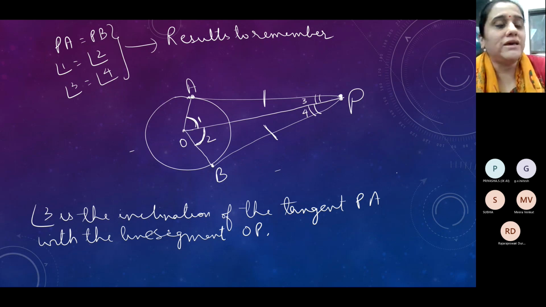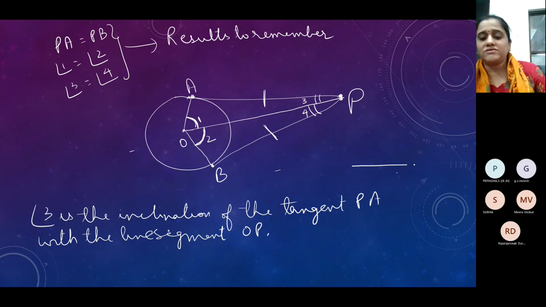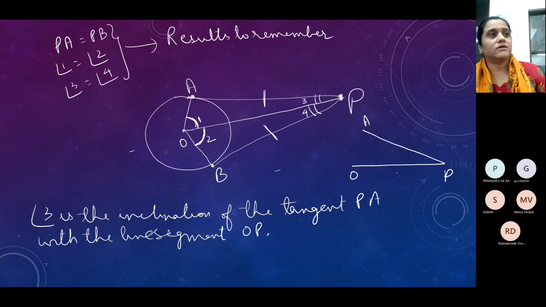Now, this PA, just imagine like it's a mouth which is opening. This is the line segment OP, and this is PA. So this is the angle between OP and AP, right? That is what is inclination.